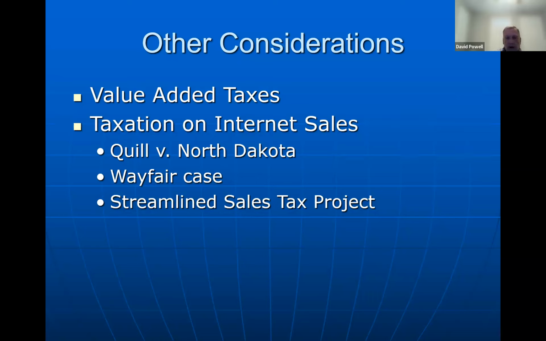And so it was selling its stationery to citizens in North Dakota. North Dakota Department of Revenue said, we should be able to tax those transactions because they're transactions that are being conducted with residents of North Dakota. Quill Corporation said we should not be subject to the North Dakota tax rate because we are not located in the state of North Dakota.